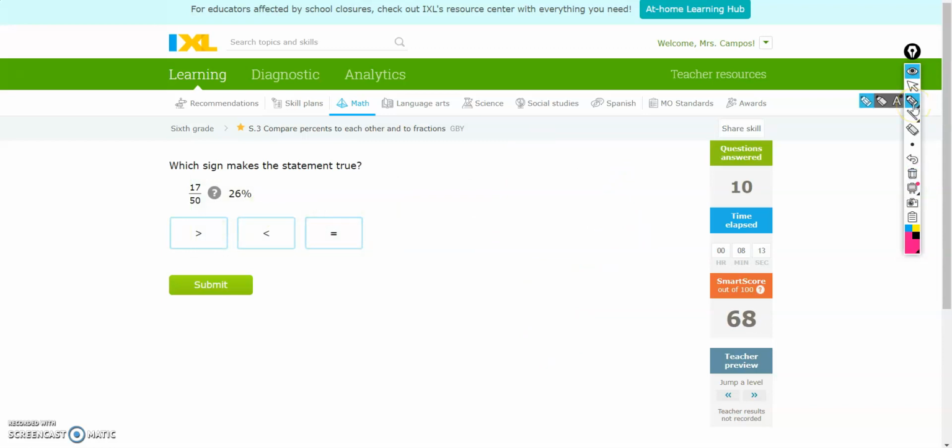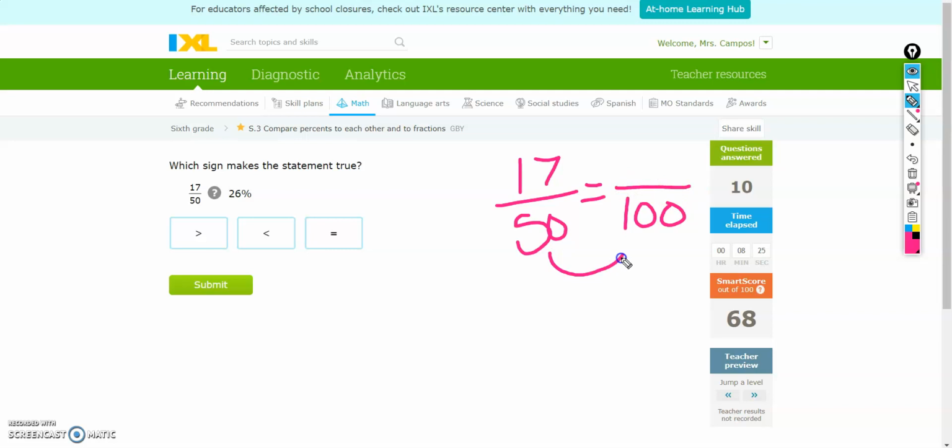Okay, on this one, I can use that same strategy and make it a 100 on the bottom. So 50 times 2 equals 100, so now I have to do 17 times 2.